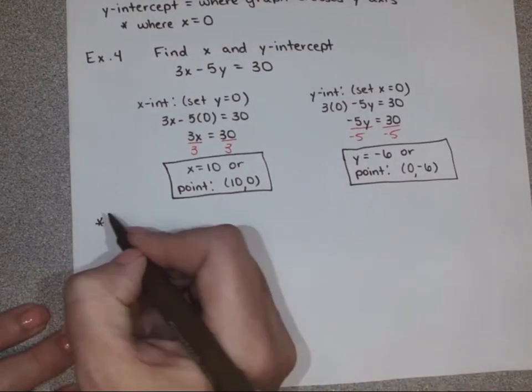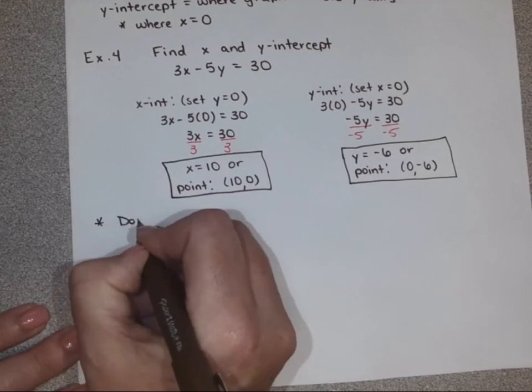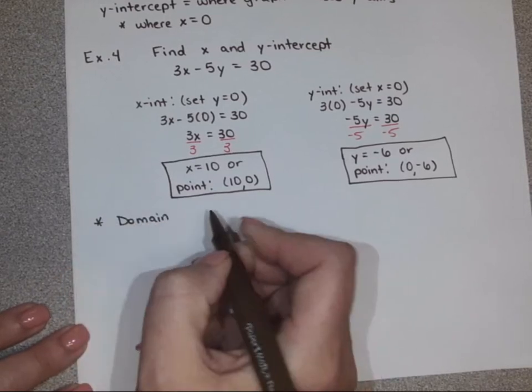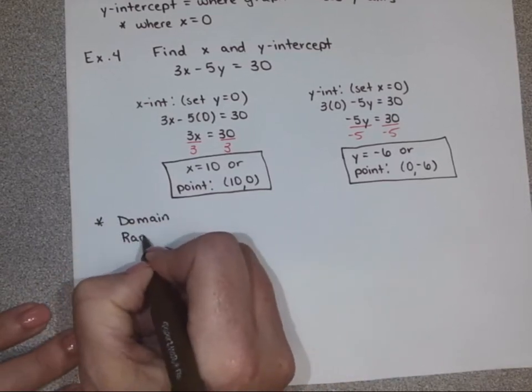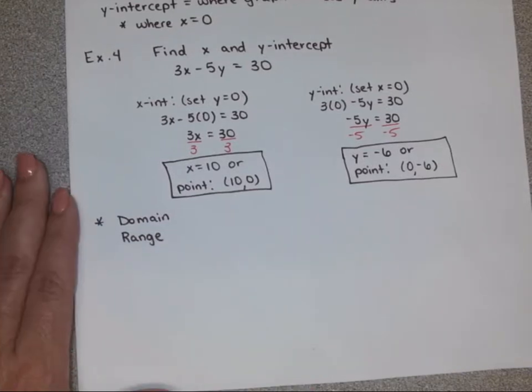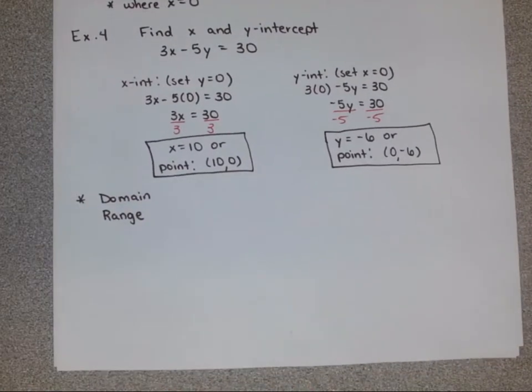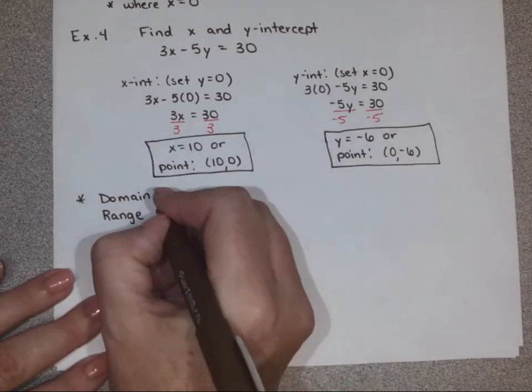Okay, so the next big thing that I want you to be able to do when you have a function is I want you to be able to tell me what the domain and the range are. First I want you to be able to tell me if it's a function. Then if it is a function, I might want you to find the intercepts. And then I'll definitely want you to be able to tell me what the domain and the range are.